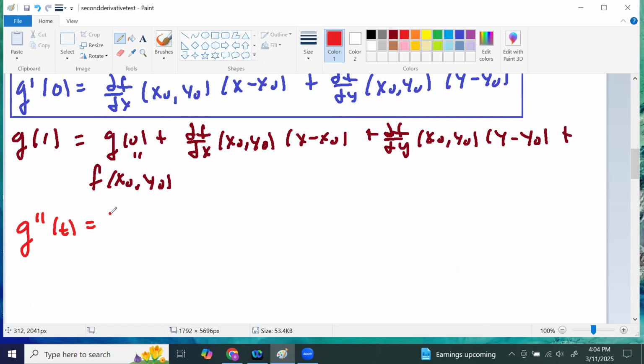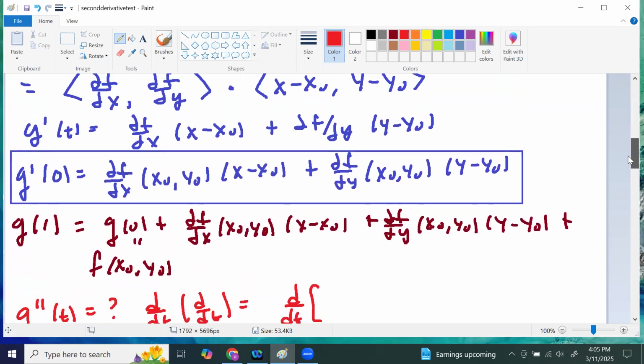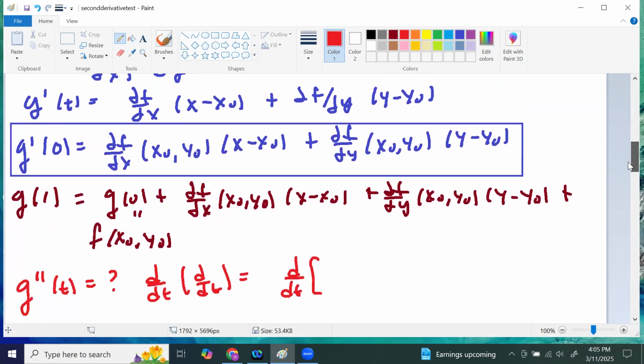We need to calculate that. Well, the second derivative is going to be the derivative of the derivative, which is a first derivative of what we have here. So we're going to take this thing here.